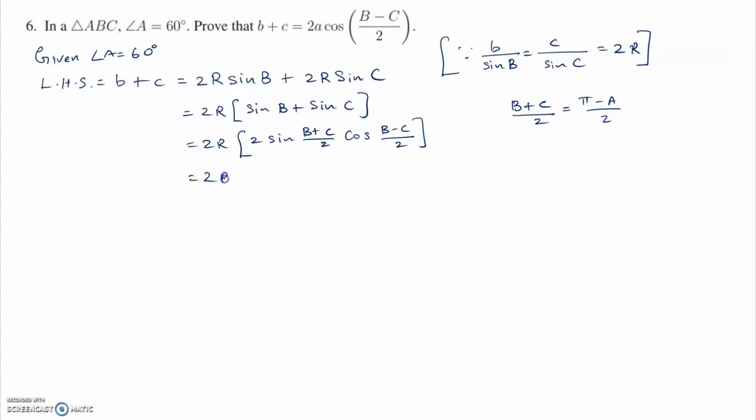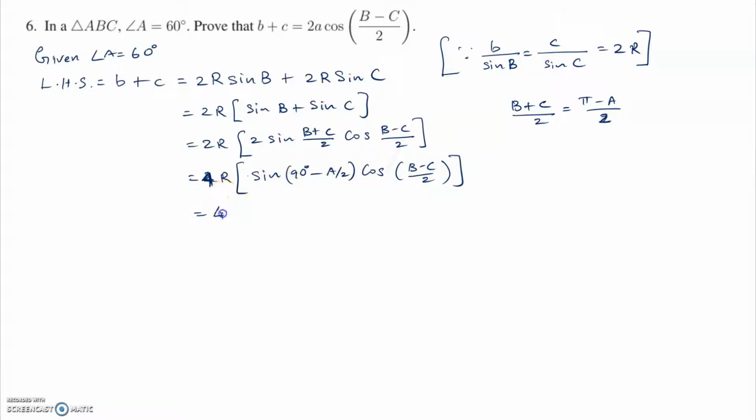Therefore, this becomes 4R here. We can take the 2 out. So it's 4R into sin (B plus C)/2, which can be written as (pi by 2 minus A by 2), pi by 2 would be 90 degrees. So 90 degrees minus A by 2 into cos (B minus C)/2.